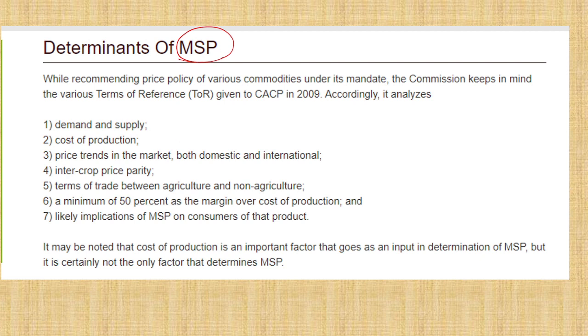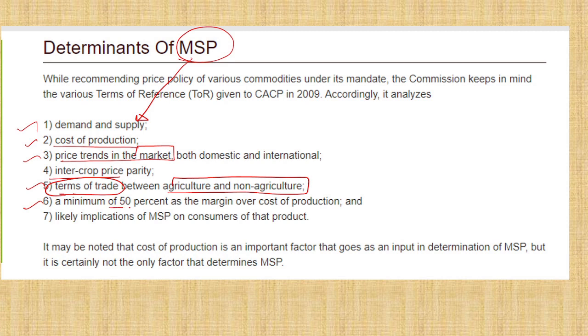So next, you should know this is very, very key. On what basis MSP is decided by this commission: it is based on demand and supply, cost of production, price trends in the market, intercrop parity, terms of trade between the sectors, a minimum of 50% margin over the cost of production, and the likely implication of MSP on consumers of that product.